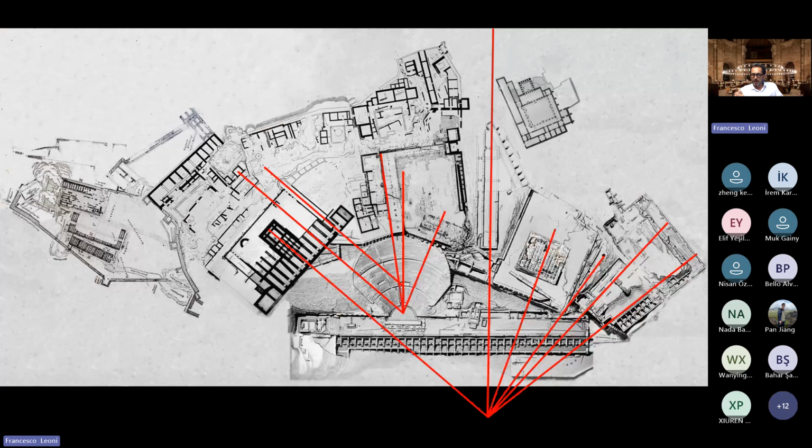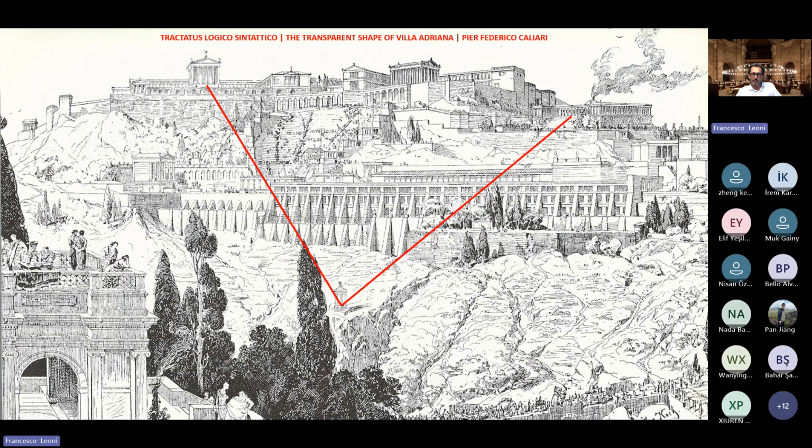So what is pretty clear here, the scheme that I already explained to you before, presenting all these connections with the two focal points and the different pavilions, here can be understood even from the other point of view. The second focal point that in this plan can't be seen can be instead clearly understood from this perspective.